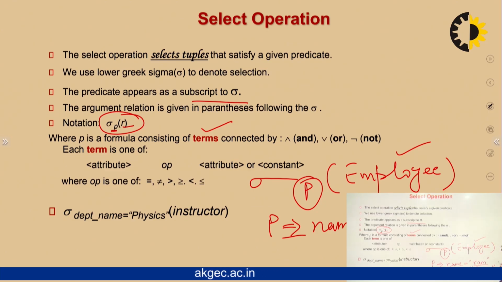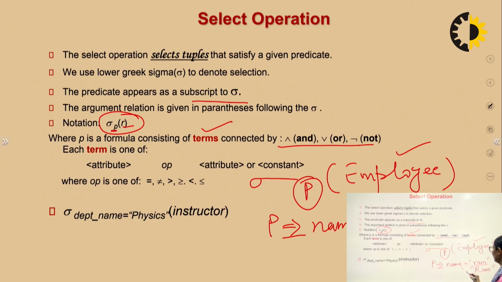So what I will do, I will use these connecting operators, that is the and operator, or operator, or not operator, depending upon my situation. In this particular case, I want to have an or operator. So or operator, name is equal to this.